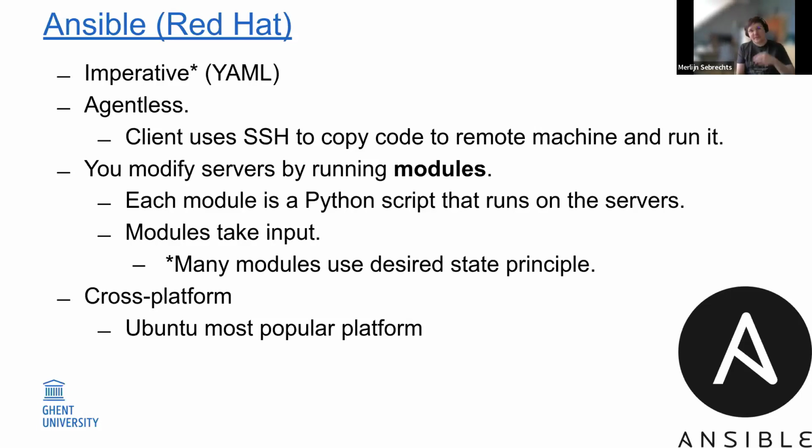For example, with some modules you basically say this configuration file needs to look like this. And then the module itself will take a look at the configuration file and change the lines that need to be changed. Ansible is completely cross-platform, although Ubuntu is the most popular platform in the Ansible ecosystem, even though it has been created by Red Hat.